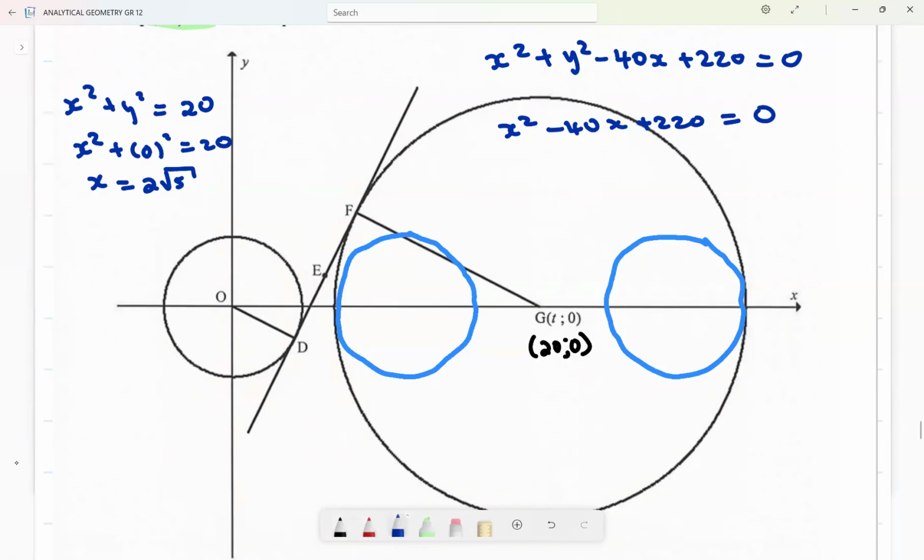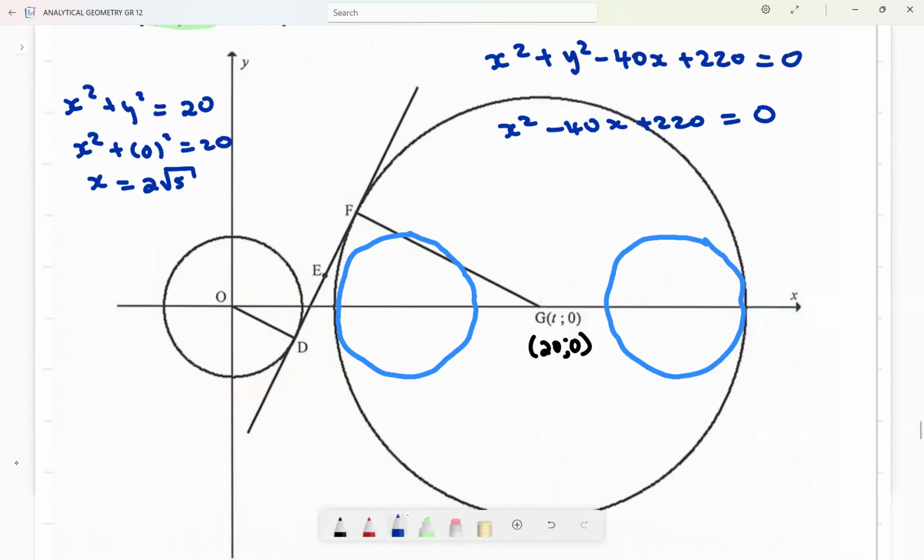So what can I do? I'm not sure whether to equate that. I'm thinking of equating the x squared.